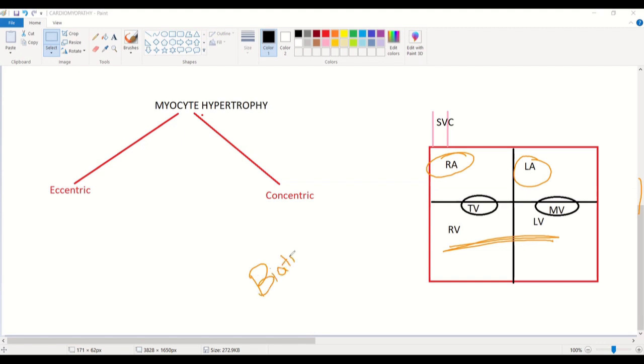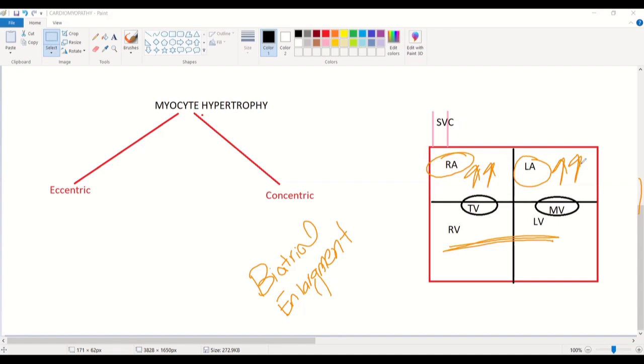This takes place in restrictive or infiltrative cardiomyopathy, which are the same thing. So on echo, you will find biatrial enlargement.